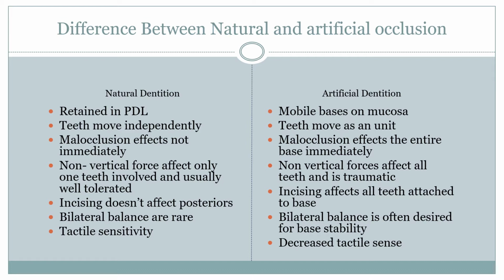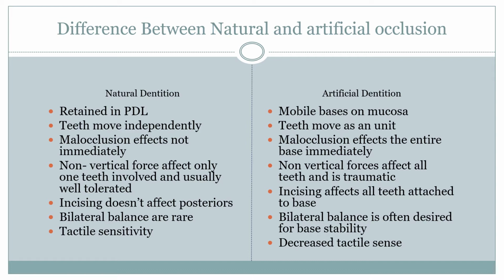So in your natural dentition, when you're incising, it doesn't affect the posterior. When you're biting and using your anterior teeth to incise something, what happens in the posterior? There's just a gap, just an opening in the posteriors, and nothing is happening there.